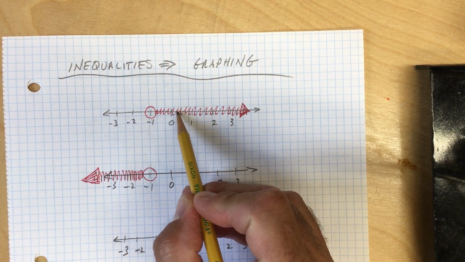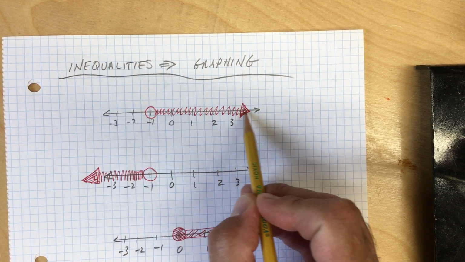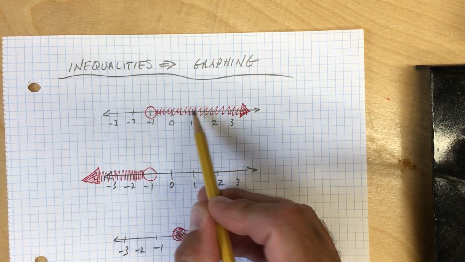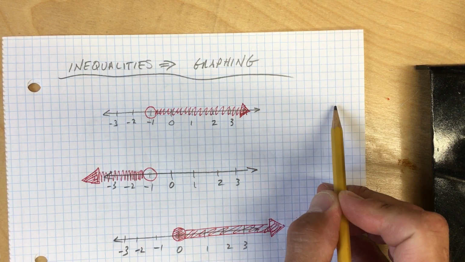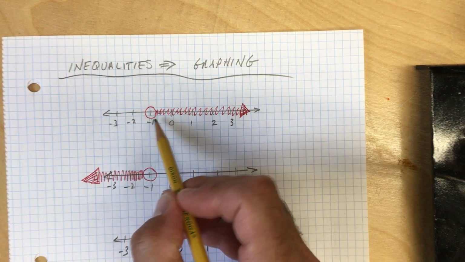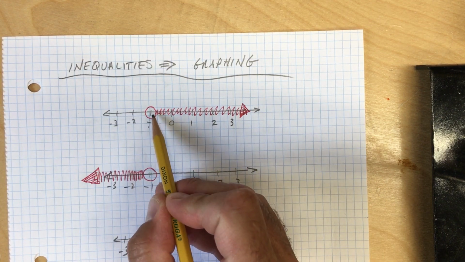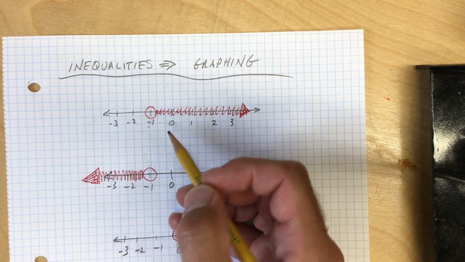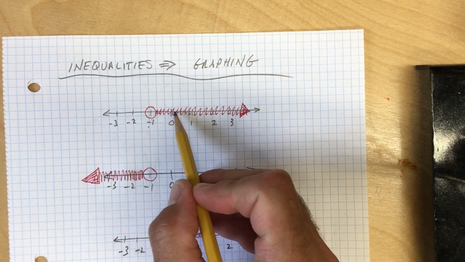For example, this arrow covers up all numbers like 0, 1, 2, 3, and all the way to the right, towards infinity. But it doesn't include -1 because it's an open circle, but it includes numbers that are just bigger than that. So here's how we would write an inequality.